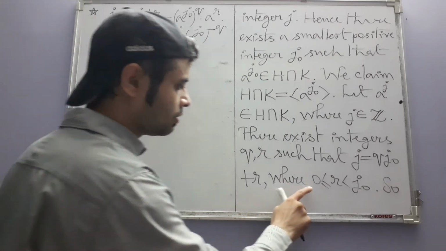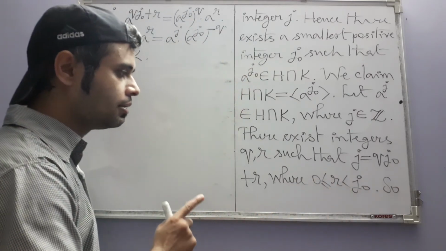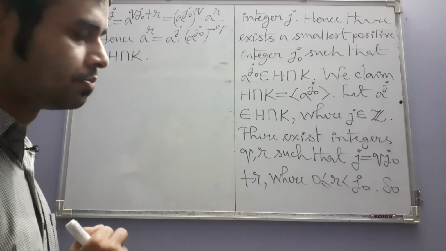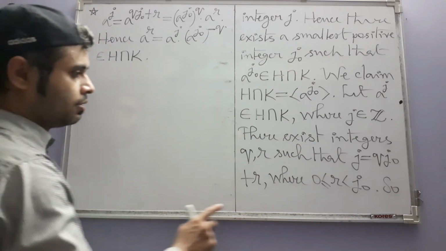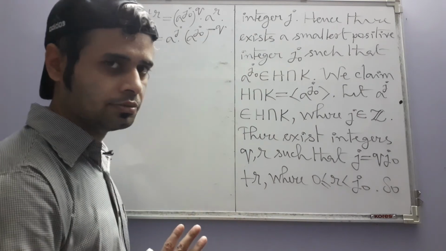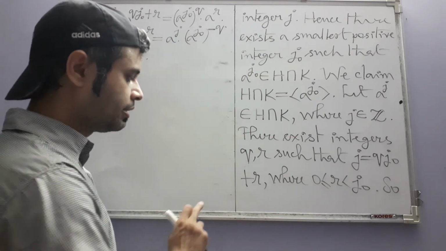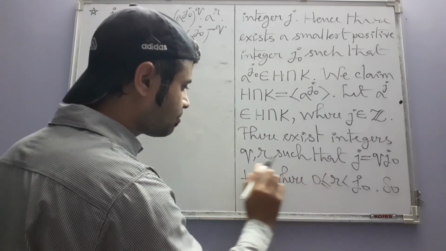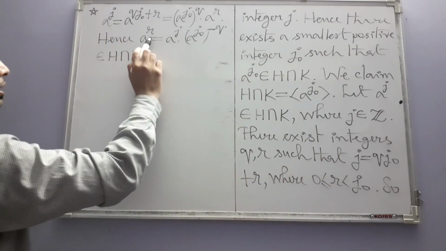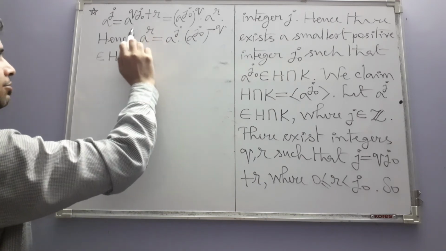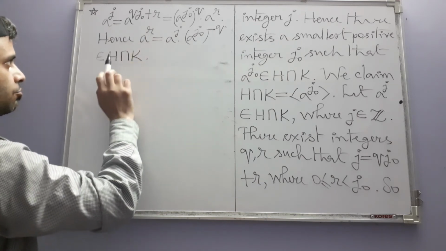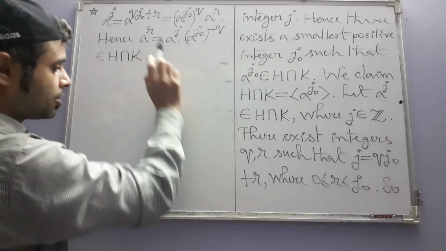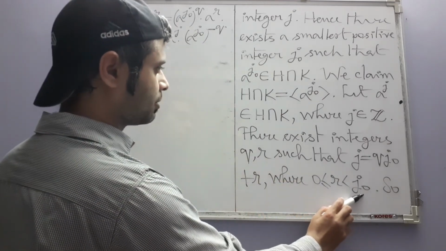Now concentrate on these inequalities. r is a non-negative integer strictly less than j naught. Can r be positive? r actually cannot be positive. What goes wrong if r is positive? If r is positive, then you are getting a positive integral power of a which belongs to H intersection K, where the exponent r is less than j naught.